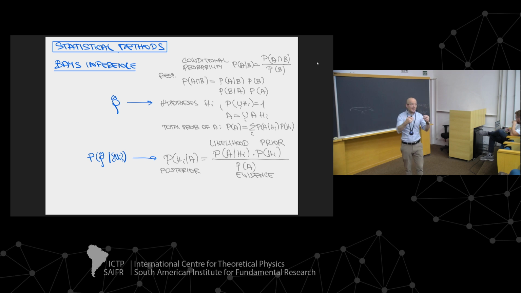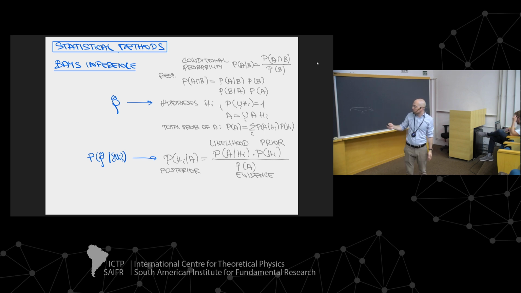So now let's formally put our unknown quantum states as the hypothesis, and this event A is our data, the particular realization of the data vector or data set we have.